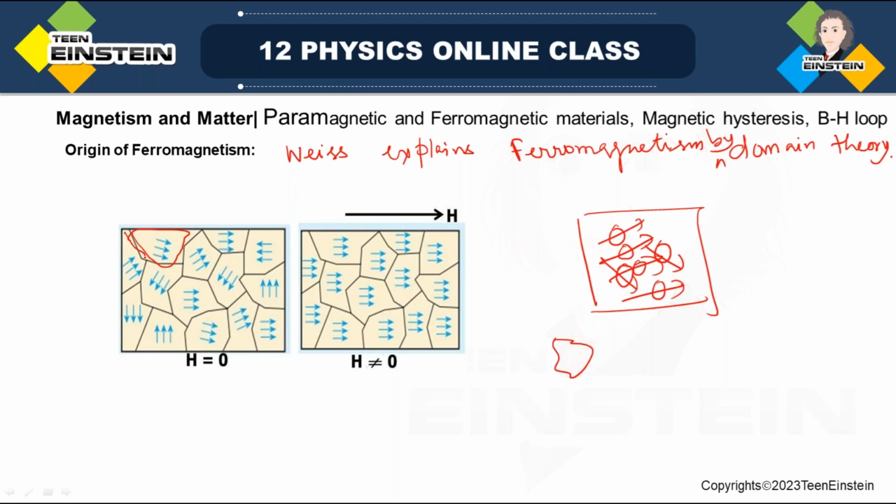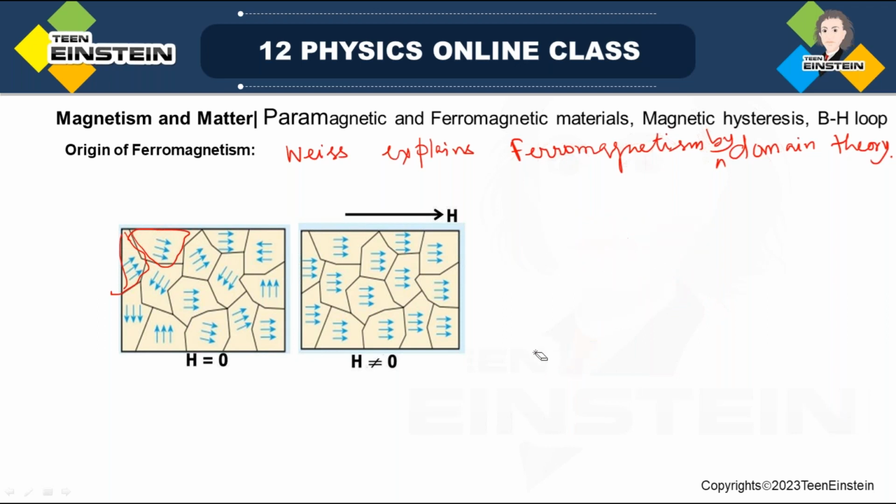In another region there are again three dipoles orienting in a particular direction. So these dipoles, or electronic spins, are cooperative and interact with each other. Here also atomic dipoles are there, but they are not independent of each other. They have cooperative interaction.